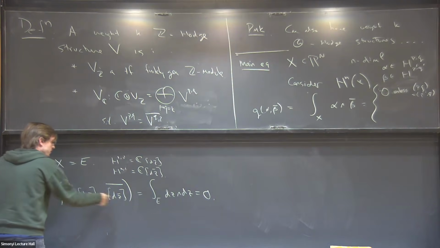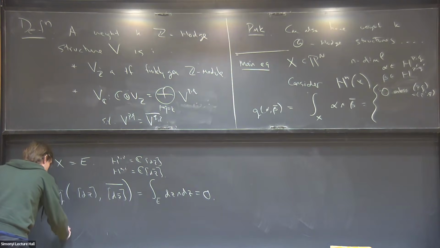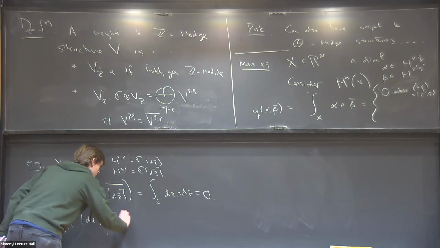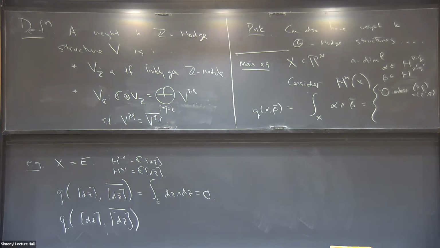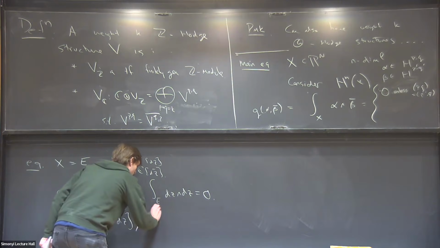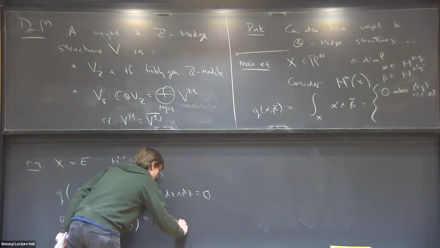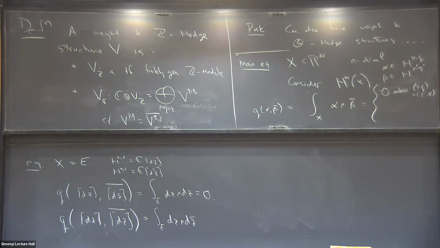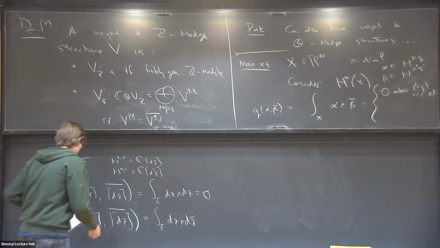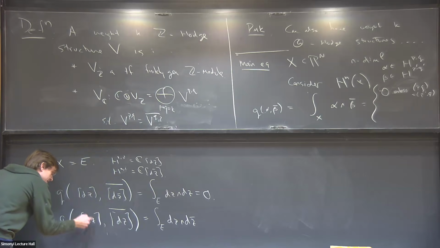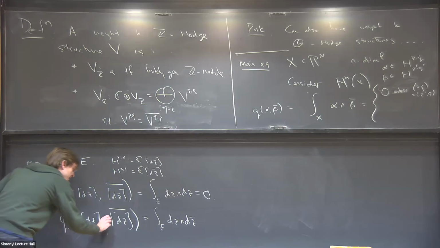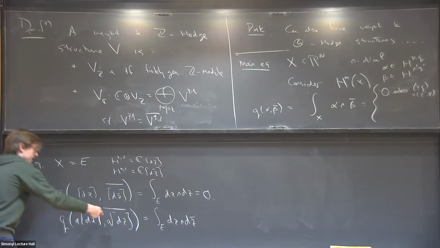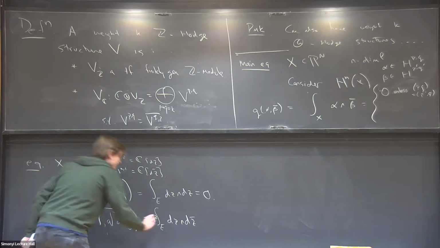Okay, so that's the first thing we observe. Now what happens if I plug in the same thing into each slot? Let's again look at the elliptic curve case. If you plug in dz, what do we get? Well, now we're taking the integral of dz wedge dz bar. This is a simple example, but the point is that if I scale this by A, then I also scale the other one, so I get an A bar there, and I'll get a norm A squared.